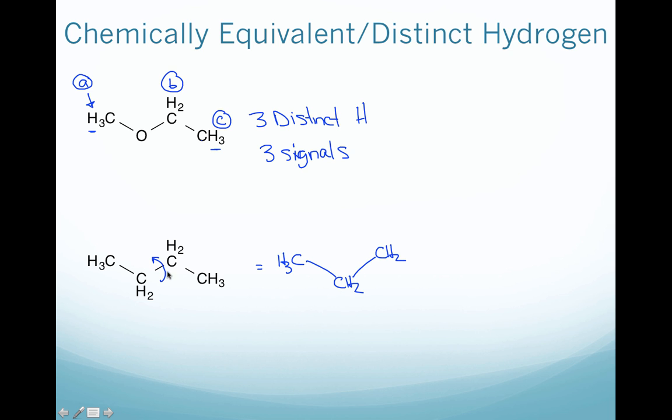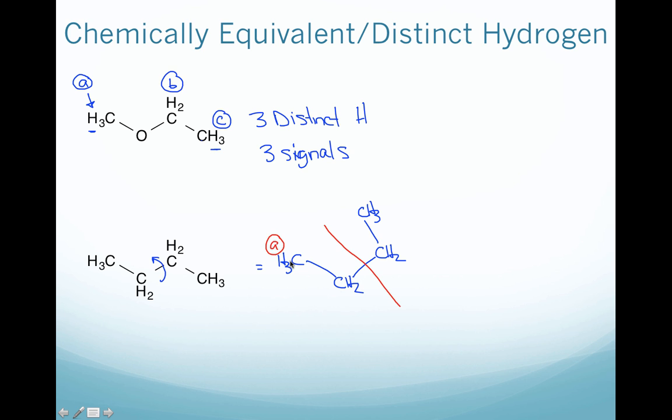If we rotate it around this single bond, we can rotate this other methyl group up, and you should be able to see that there's a plane of symmetry that runs through this compound. So that means that these 2 methyl groups are equivalent, these 2 CH2 groups are equivalent.